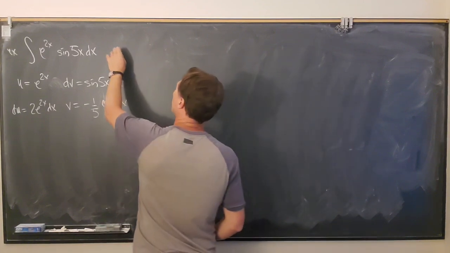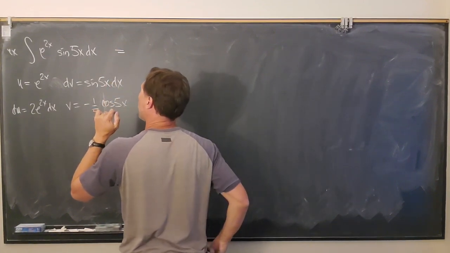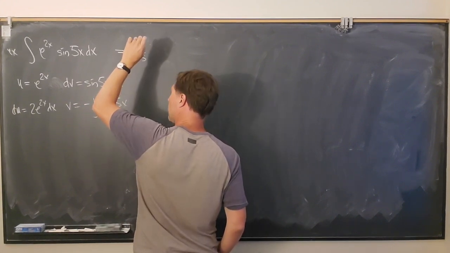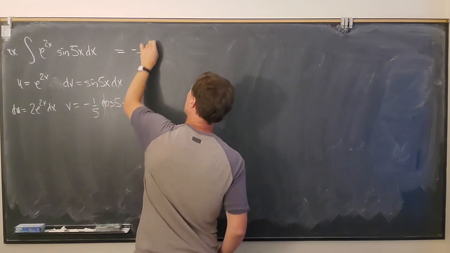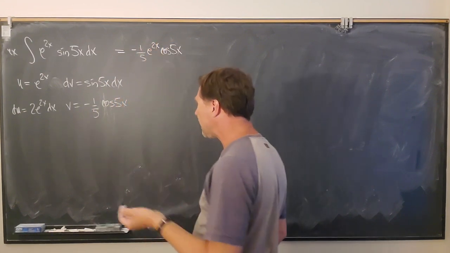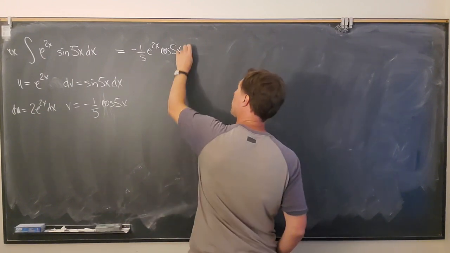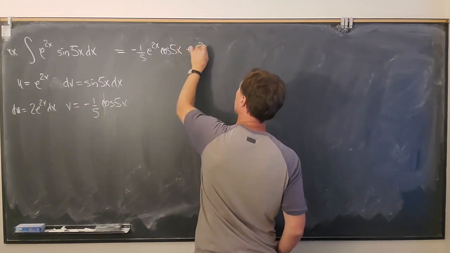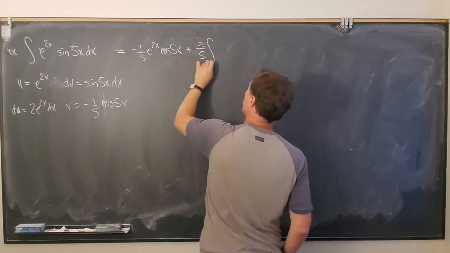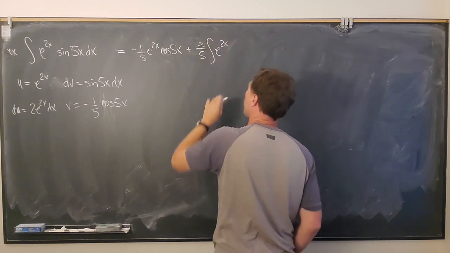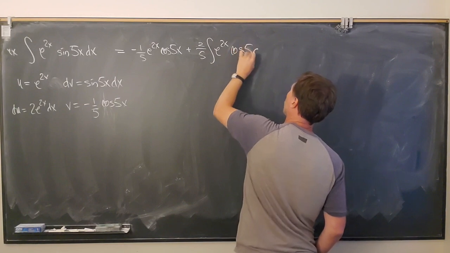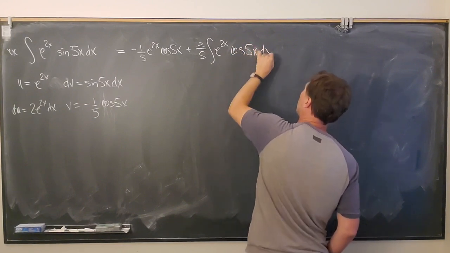Then we put this in our integration by parts formula, and so what we'll have is u times v, that's negative 1/5 e to the 2x cosine 5x, minus the integral of v du, so that will be plus 2/5 integral e to the 2x cosine of 5x dx.